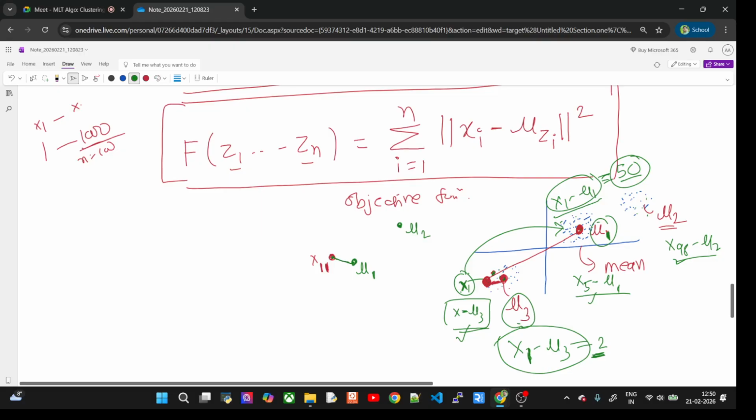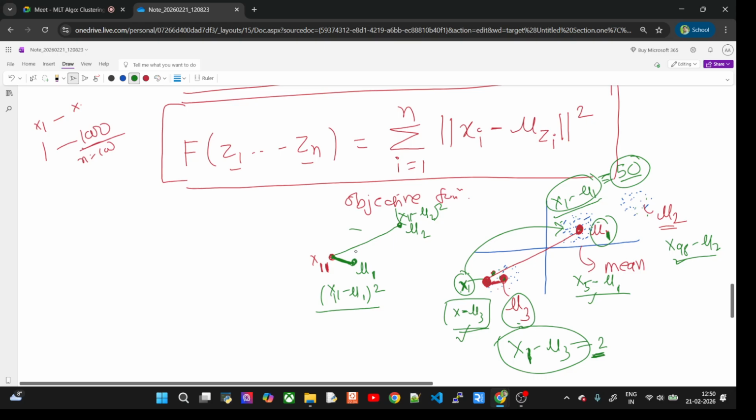It will take the distance, x11 minus mu1, and as it is a distance, that's why it is squared. It will also check the distance x11 minus mu2. So it will check the distances, and whichever shows the minimum distance, that is the cluster the point belongs to.